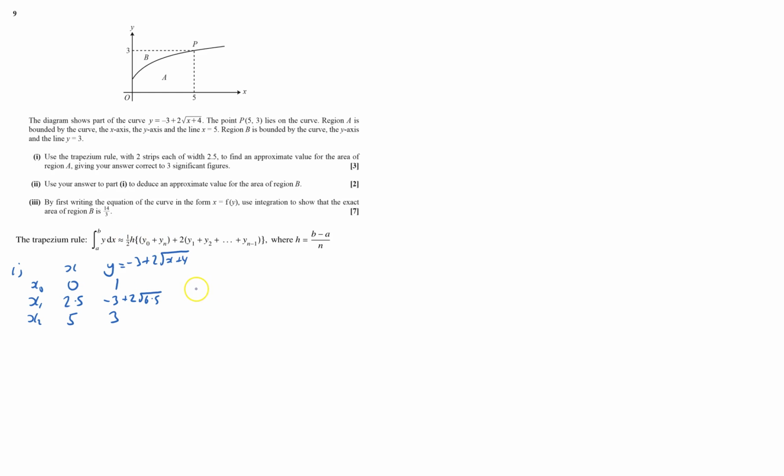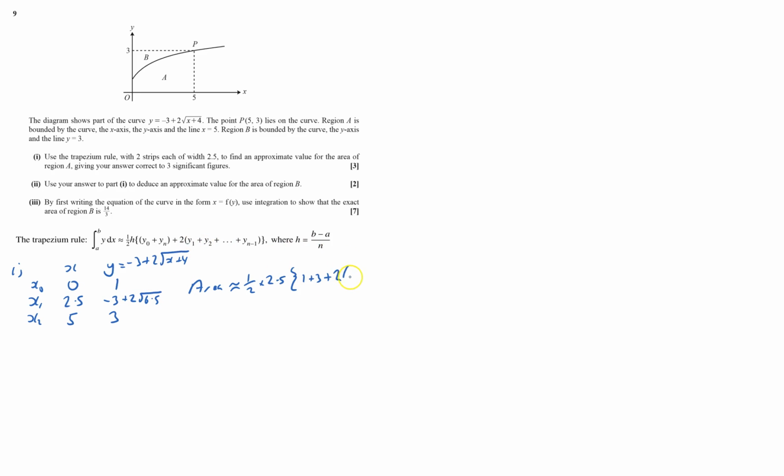Now I can put it straight in here. The area doesn't equal, but it approximately equals a half times by the width, 2.5, curly brackets, times by the first plus the last. So I've got 1 plus 3 plus 2 lots of all the middle ones.